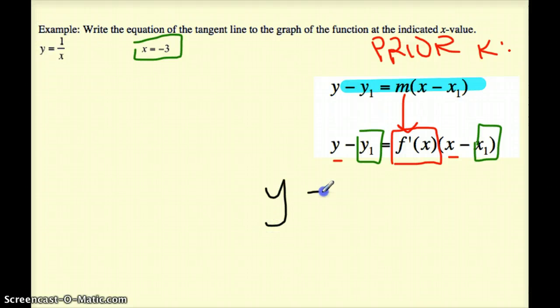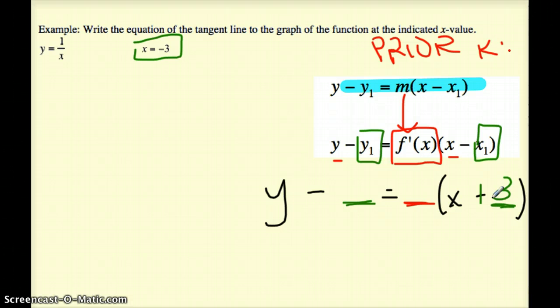I'm going to color code it. Equals times x minus, and I'm going to put in a spot for the derivative right here, and I'm also going to put in a spot for the numbers right here. So according to this, my x is negative 3. Since it's a negative 3, that's going to change this to a plus 3.